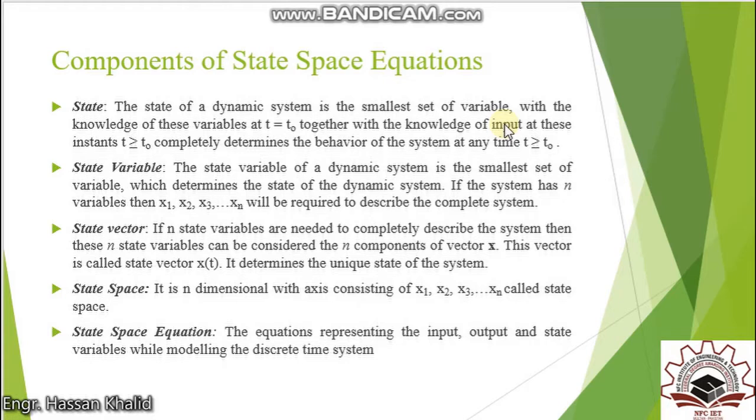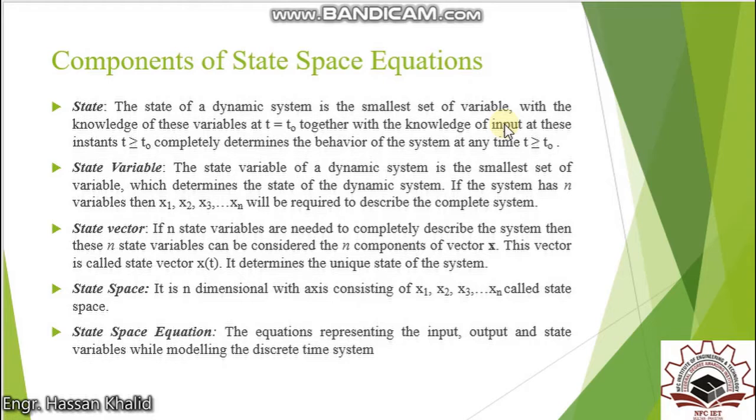These are all the variables that are used to describe the complete system. For example, if we have an RLC circuit and there are two components that are storing energy, then there will be two state variables. One will be the current and the other one will be the voltage, and they will be defined according to the conditions.